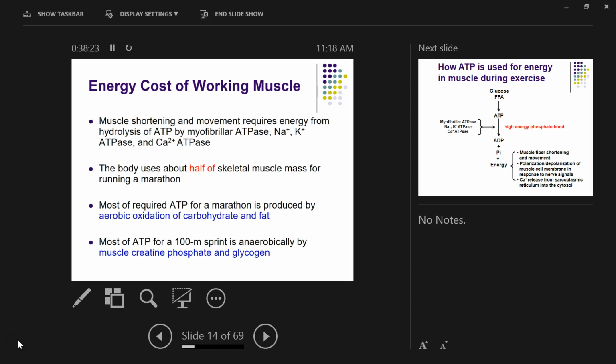But the glucose is only partially oxidized, right? So try to remember, different sources of energy, and the way glucose is metabolized is also different, in different types of exercise.